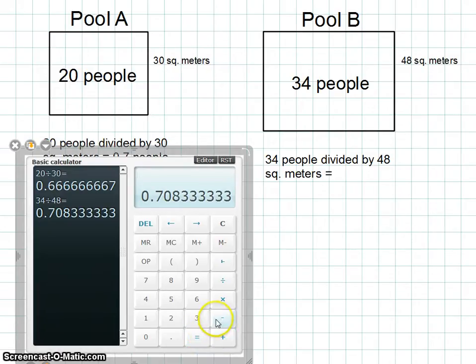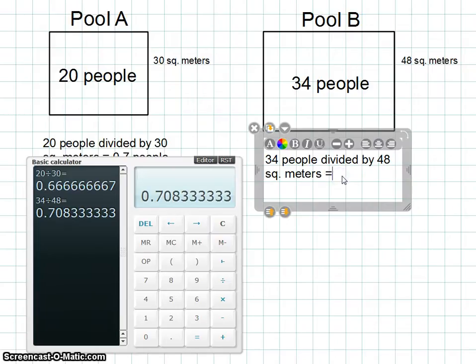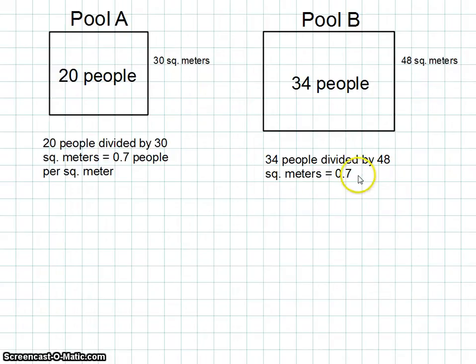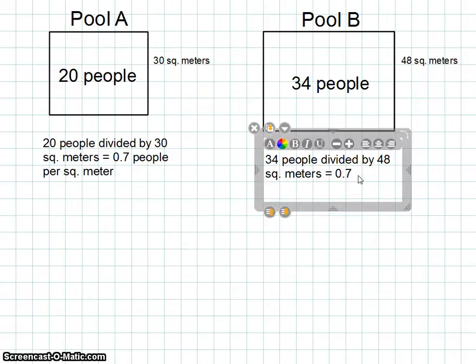Now again, just like we did for the other calculation, let's round this number to the nearest tenth place as well. And if we do that, we will get 0.7 people per square meter.